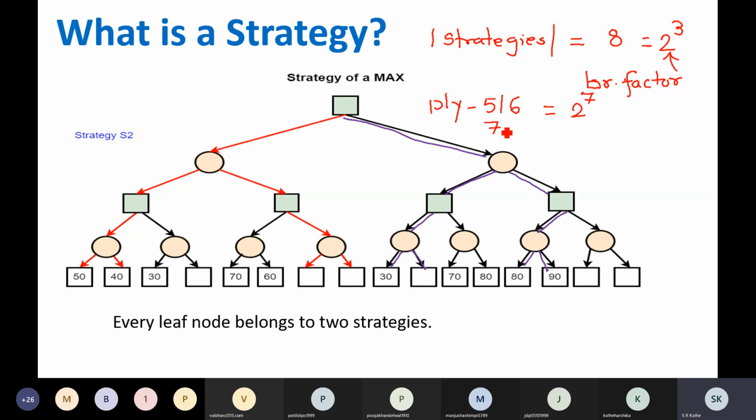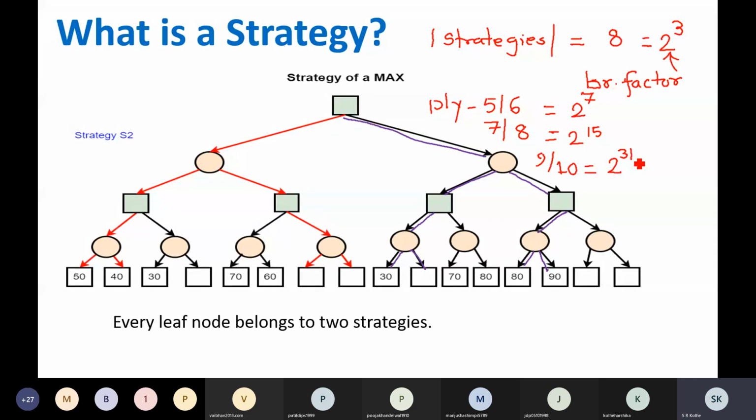Then if you have 7 to 8 plies, then number of strategies will be 2 raised to 15. 9 to 10 ply game tree, 2 raised to 31. There is an interesting pattern out here, that if you know number of plies in a game tree, so you can find out number of strategies.